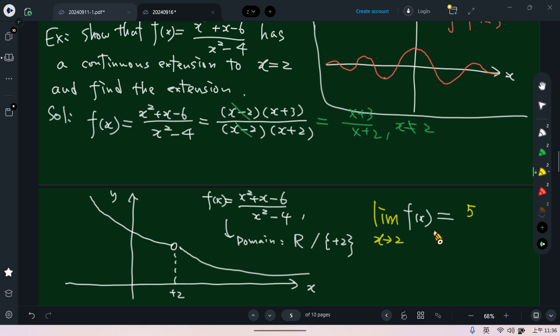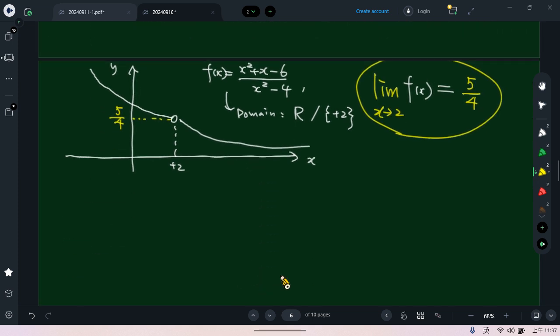5 over 4. So even though the original function will not include 2 in its domain, we know this limit. So here should be 5 over 4. So we can get the extension.